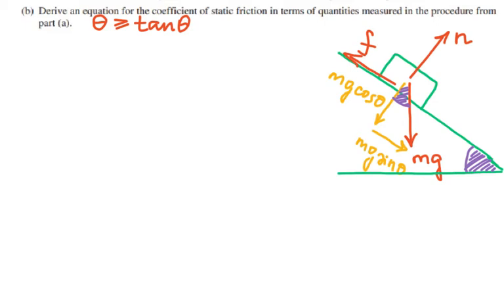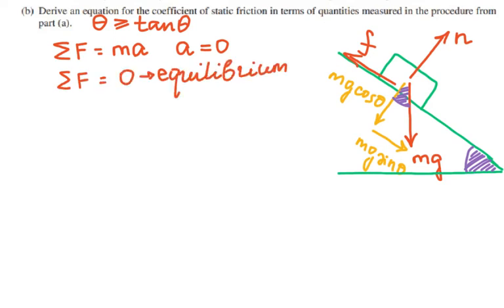So in this case, you would write the sum of all the forces must be equal to ma, or the net force is equal to ma. And because the block is not going to be moving for static friction, your acceleration must be equal to 0. So the sum of all the forces must be equal to 0 for equilibrium. Then you have equilibrium on the y-axis and equilibrium on the x-axis.